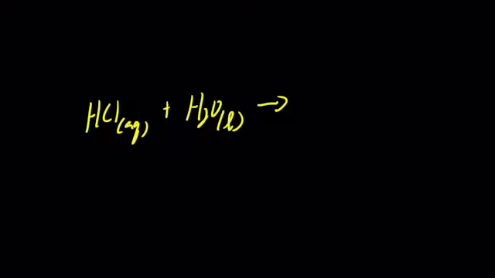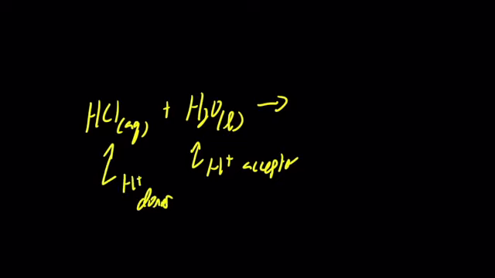If we take some time to think about it, this would be our proton acceptor, and this would be our proton donor. Can we use that information to deduce the products? It turns out we can. We get one hydronium ion, and we get a hydroxide ion as well.